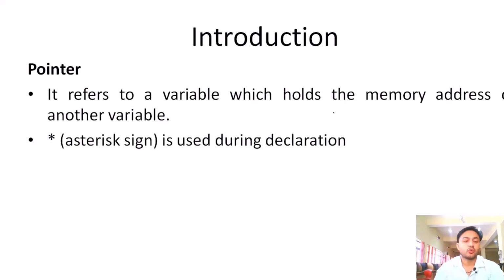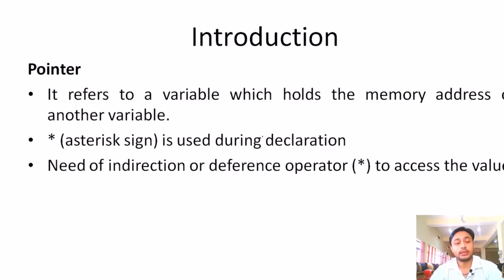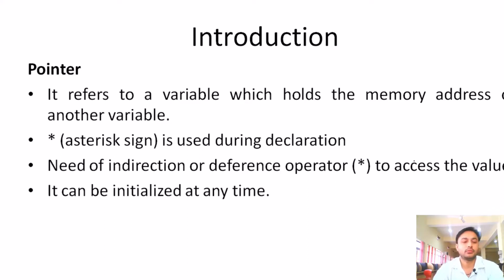In pointer you have to use this asterisk sign that is used during declaration, as I have shown you. There is a need of an indirection or dereference operator to access the value. In a reference variable there is no need of a dereference operator to access the value, but in case of a pointer there is a need of a dereference operator.